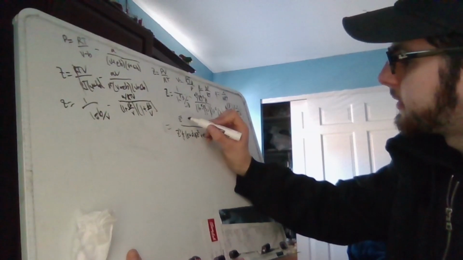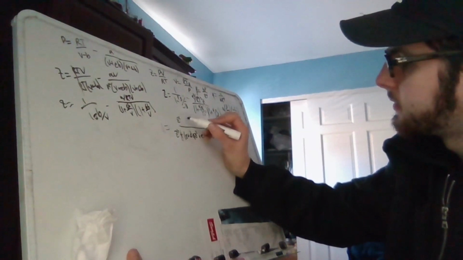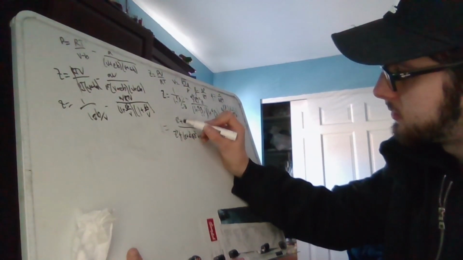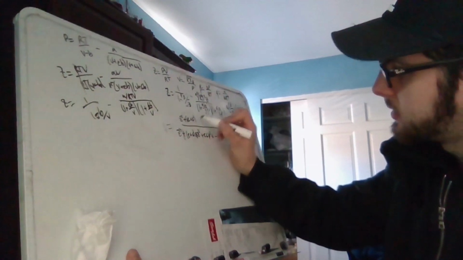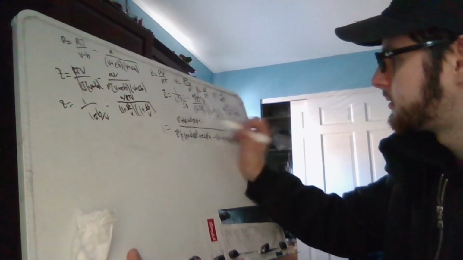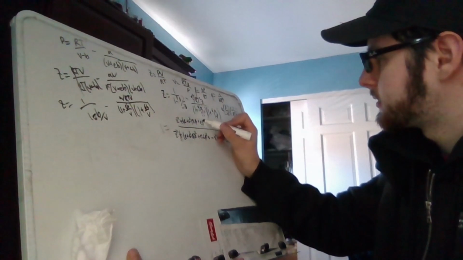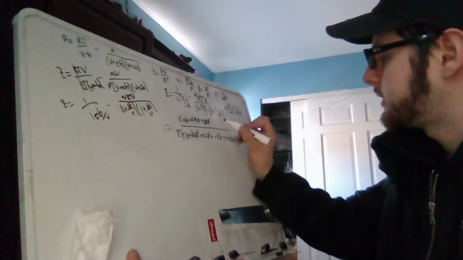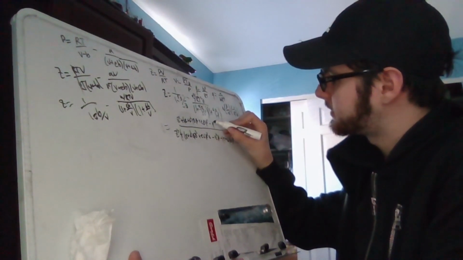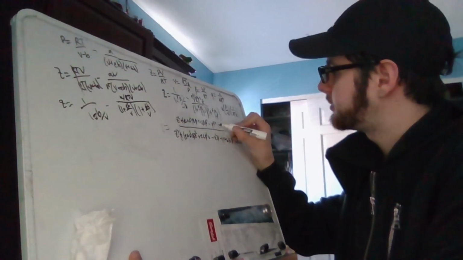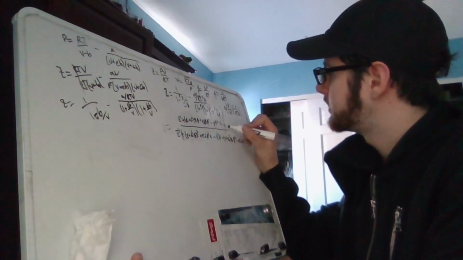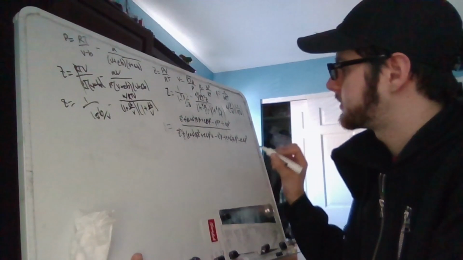z squared plus epsilon plus sigma z beta plus epsilon sigma beta squared minus q beta z plus, because it was a minus beta that you were multiplying by, plus q beta squared.